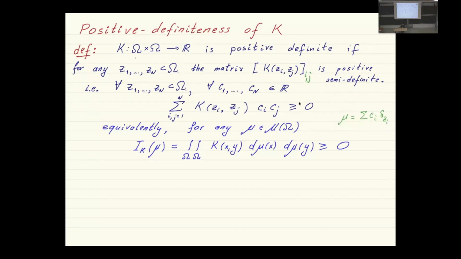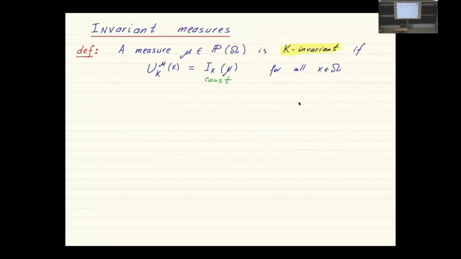All right, and what we have talked about last time, the general situation where there exists a K invariant measure, and that's a measure for which the potential, that is, if you integrate the kernel with respect to that measure just once, is constant on the whole domain.